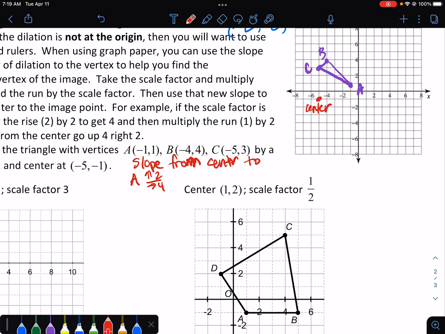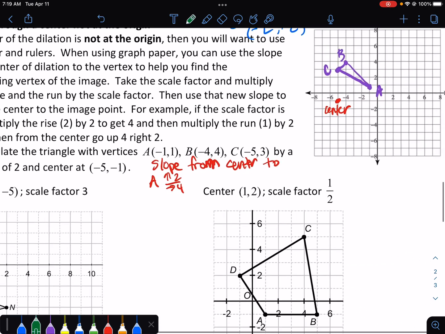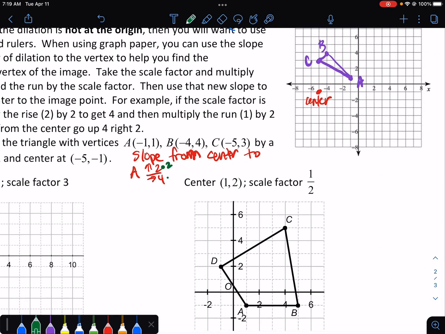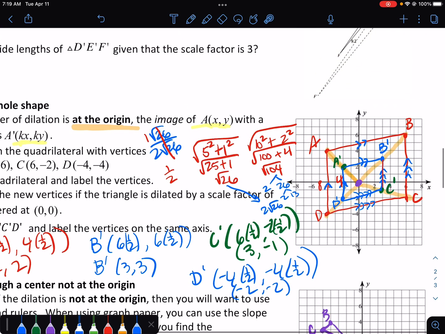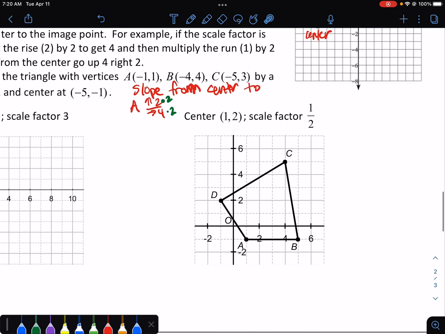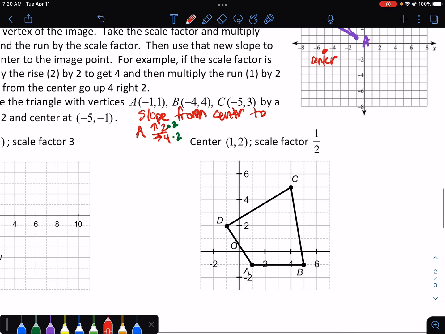Then we're going to take the scale factor, which in this case is the 2, and multiply it by both the rise and the run. Similar to here, when we were using our distance formula or Pythagorean theorem to find the lengths of the sides, notice that the rise and the run both got multiplied by whatever the scale factor was. So this would be up 4 and over 8.